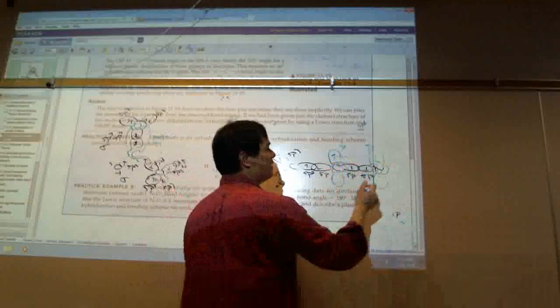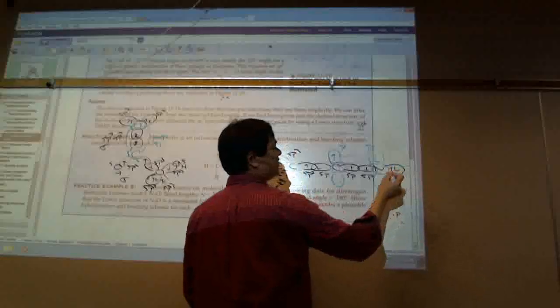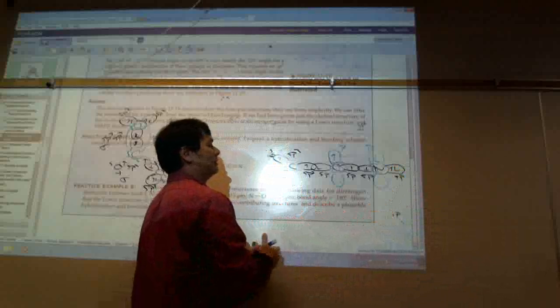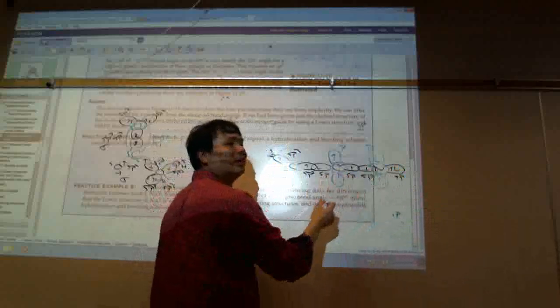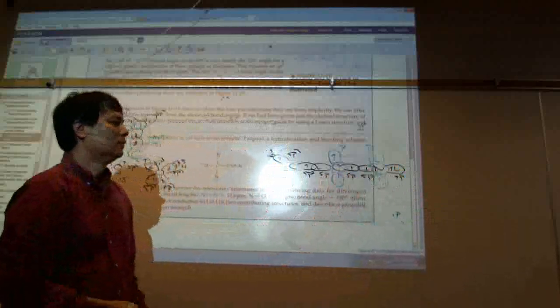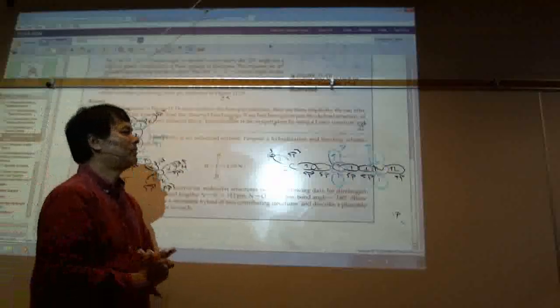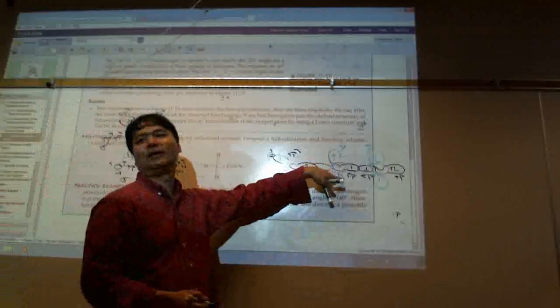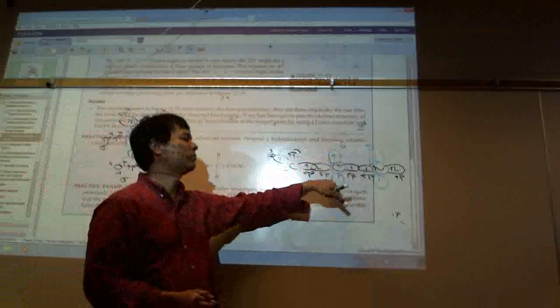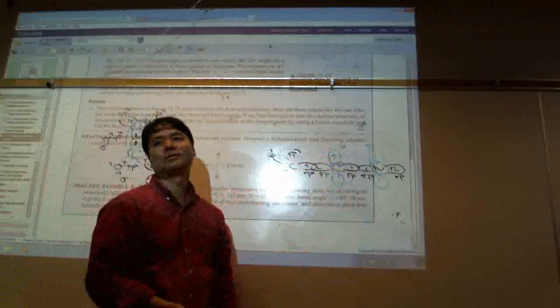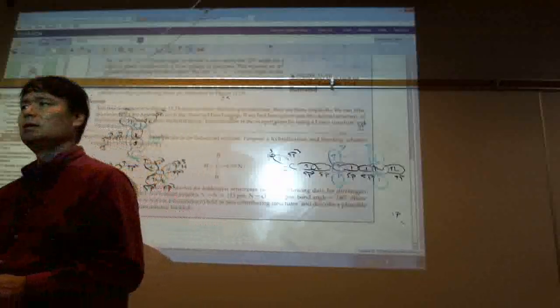The lone pair is in an sp orbital here. Do you see it? So that's top and side view combined together. It's the top view for the blue, the side view for the green. We could twist it and make it top view for the green and side view for the blue, but it's going to look exactly the same, right? Okay?